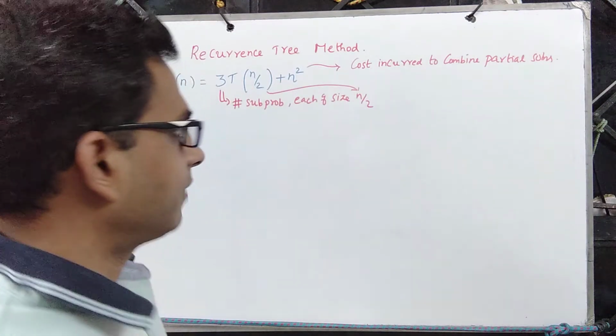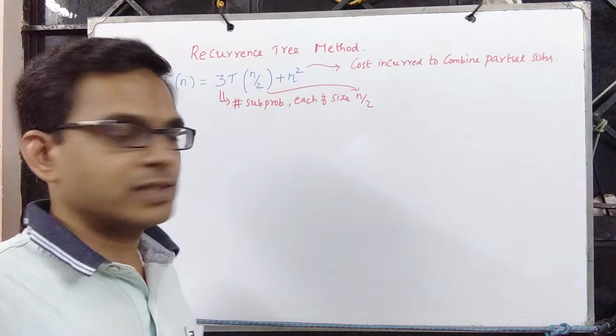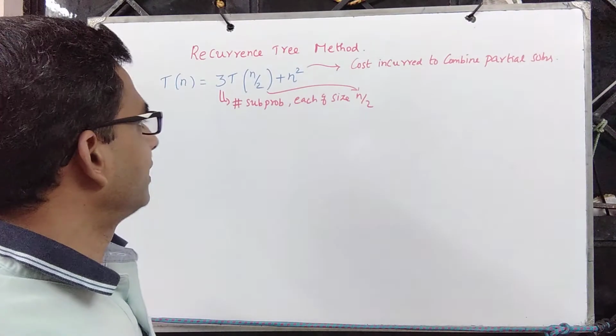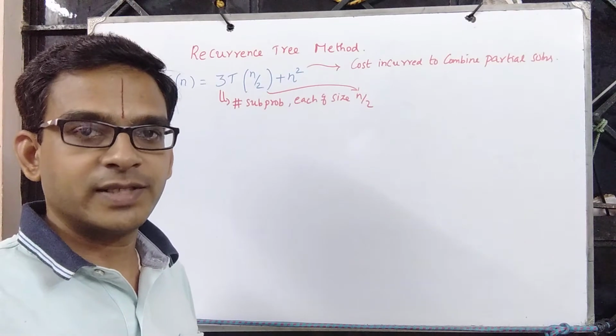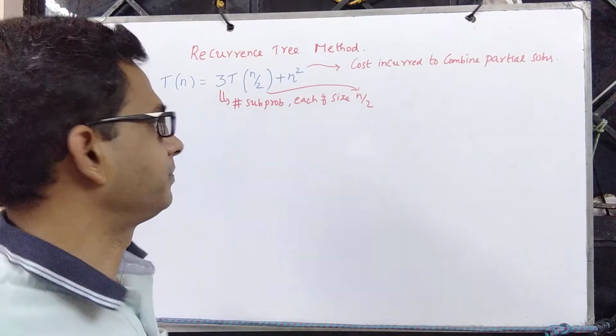As always, we will have on one side the input size reduction tree that will tell you how n is becoming n/2, n/4, and when does it reach T(1) subproblem.